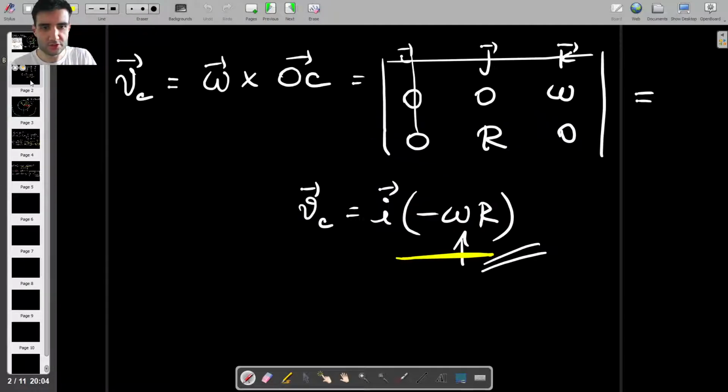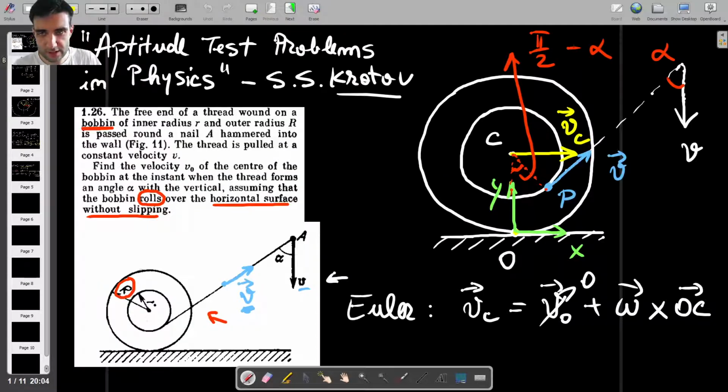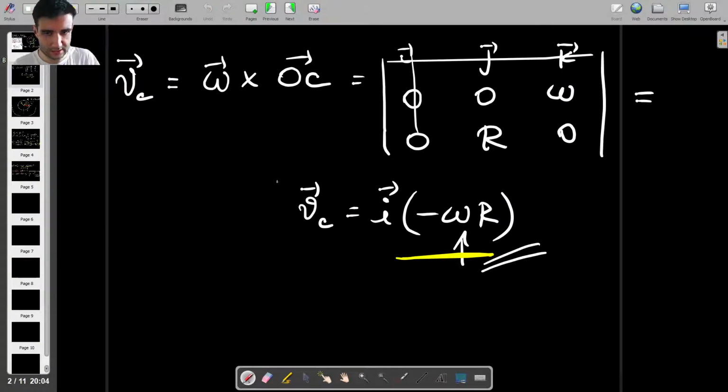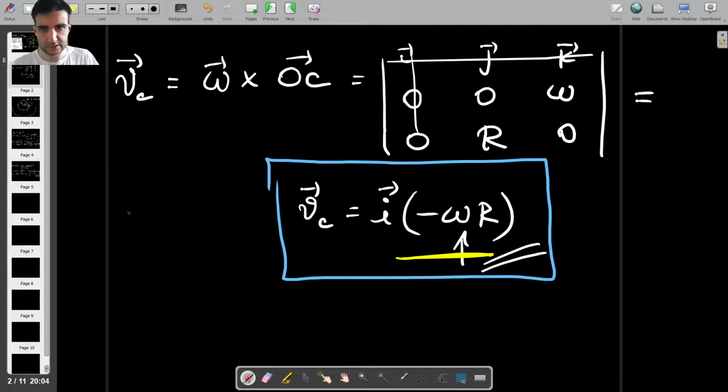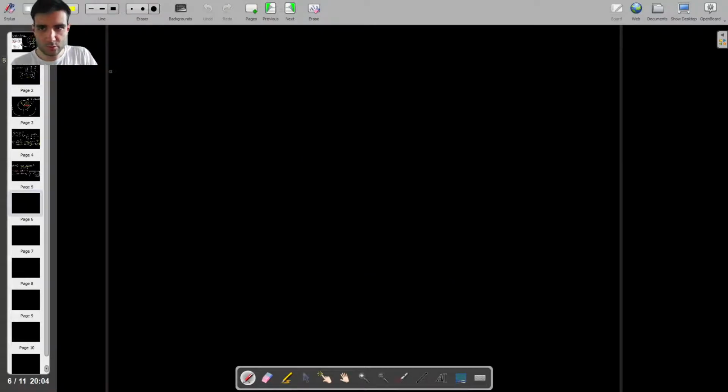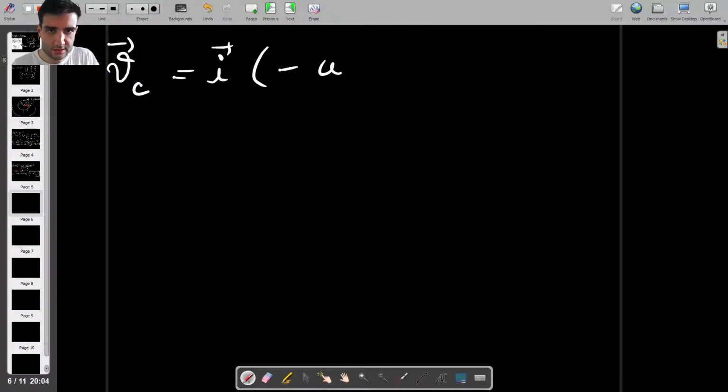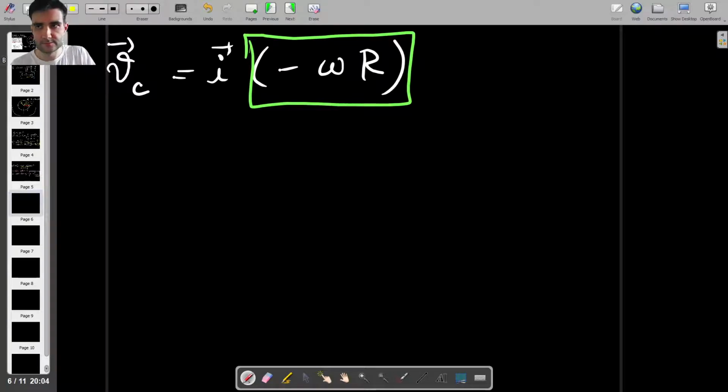Remember, the question was asking us to find the velocity of the center of the spool. But we have an expression for that already, and it's this one, right? We have that the velocity of the center of the spool was i times minus omega capital R. So this is the value that we're looking for.